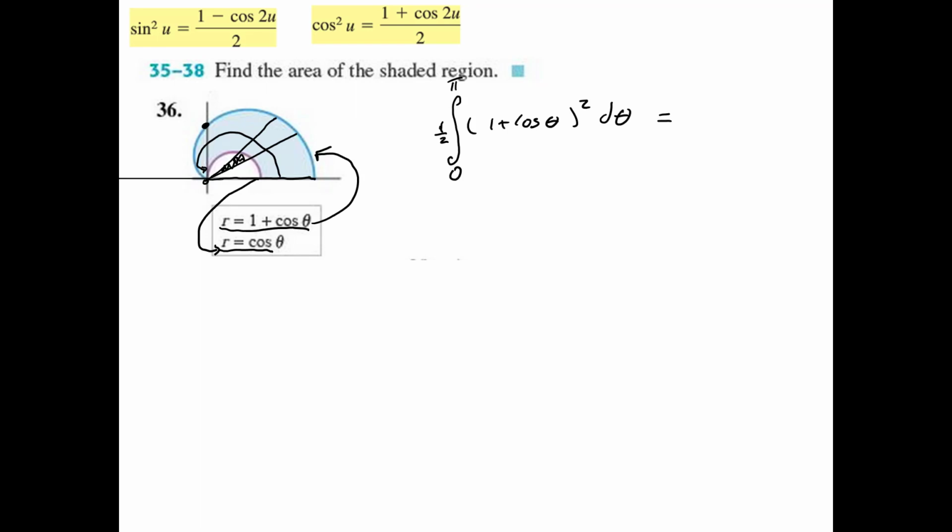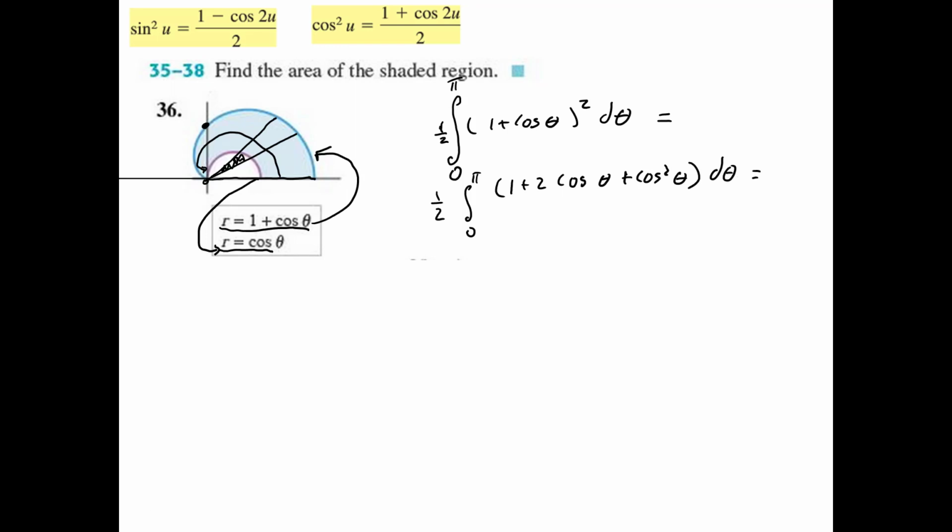Again, very similar to the last one, 1/2 integral from 0 to pi of 1 plus 2 cosine theta plus cosine squared theta, just expanding that trinomial, d theta.